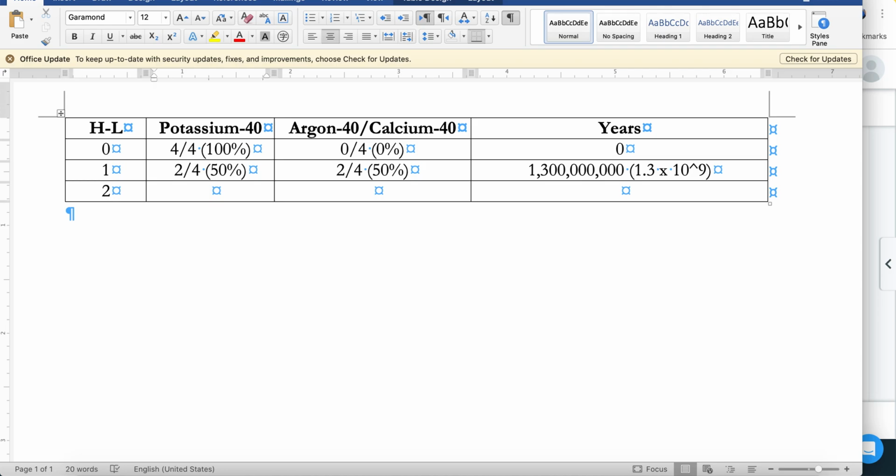At 2 half-lives, half of 50% is 25%, which is half of 2/4, or 1/4. That's 25%, and then you have 3/4 changed over. We take this number and multiply it by 2.